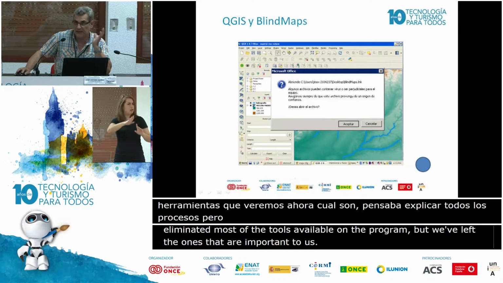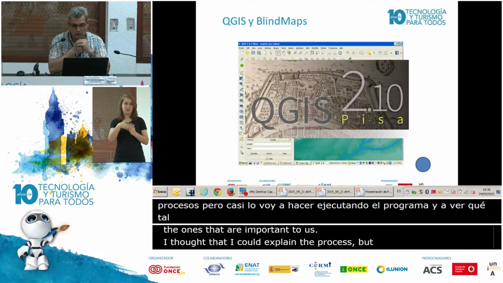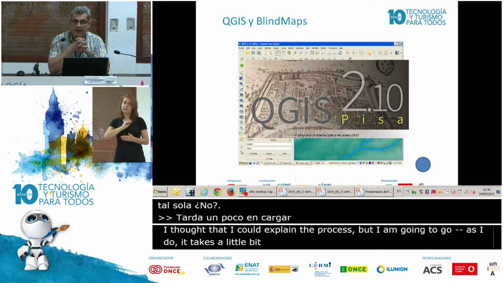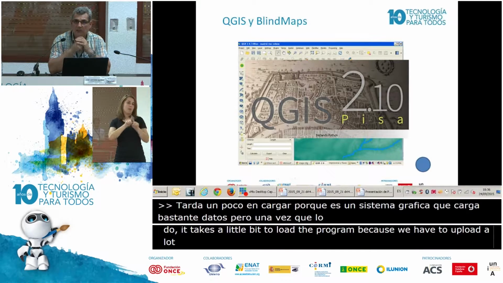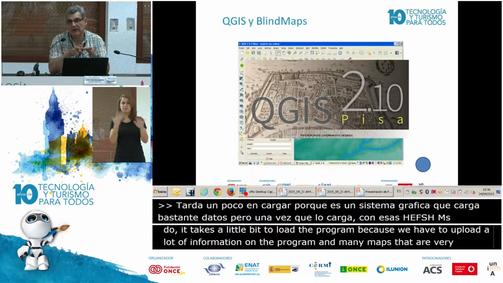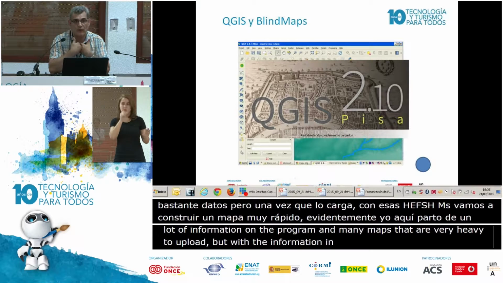I thought that I could explain the process, but I'm going to go as I do. It takes a little bit to load the program because we have to upload a lot of information and many maps that are very heavy. But with the information in it, we can build a map very fast.